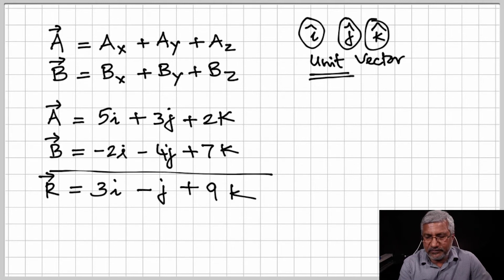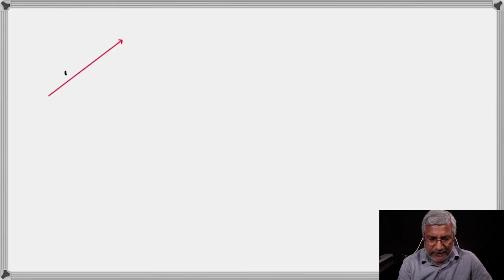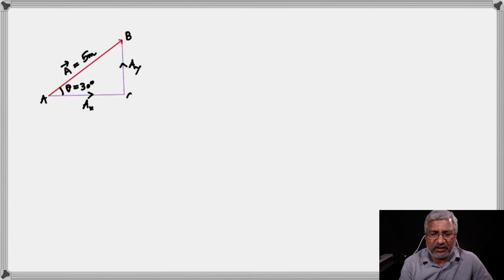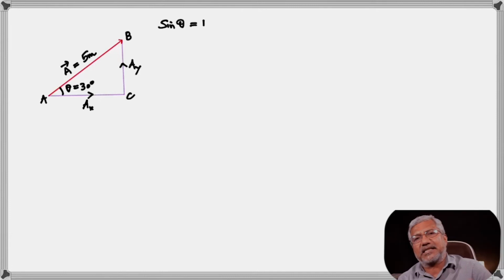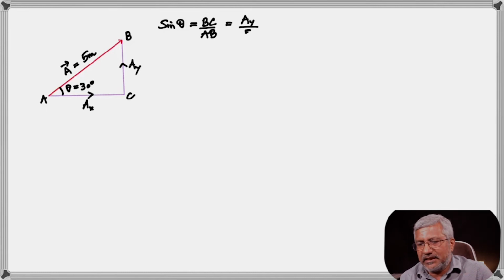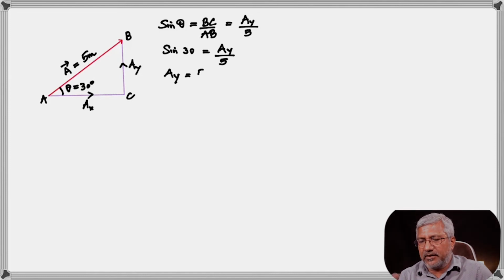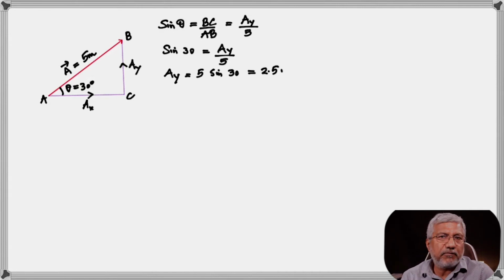Shall we move on? Yes, of course. So here are two vectors, and you can find the components. I am just working out an example just in case somebody has a little bit of confusion. I'm showing you that sine theta is opposite by hypotenuse, and so using that you can find the y component as 5 sine 30, because this is the opposite side.